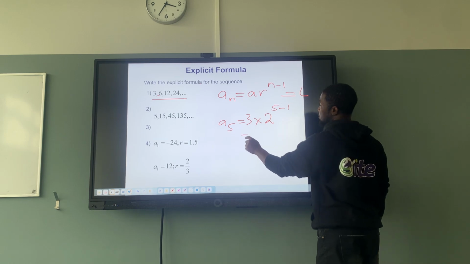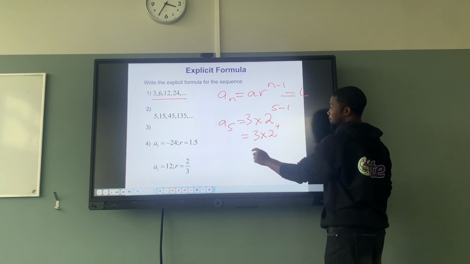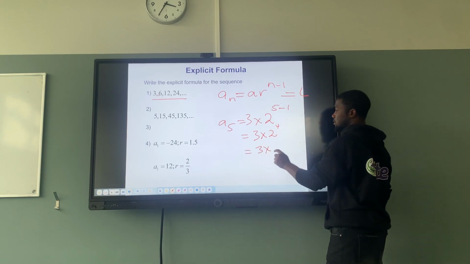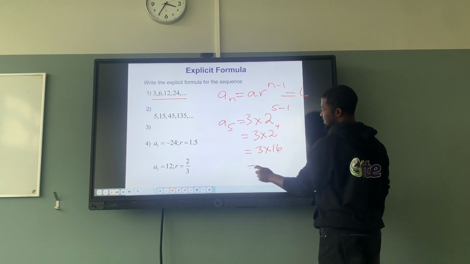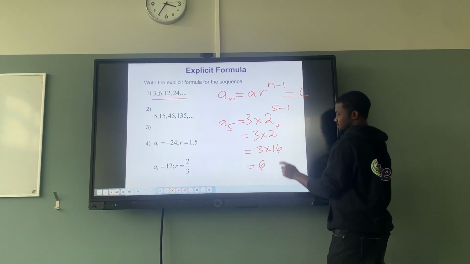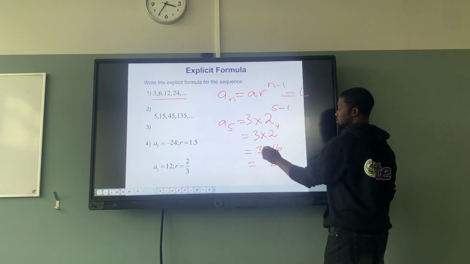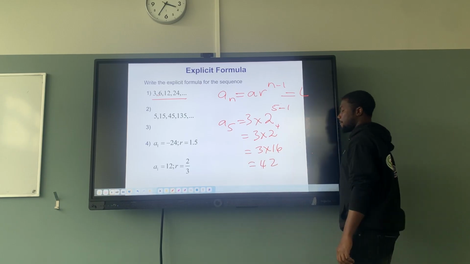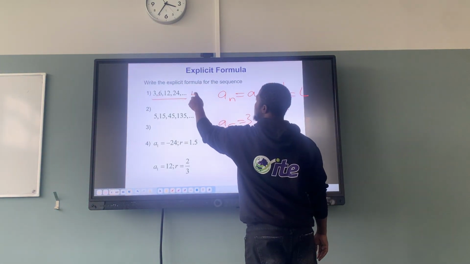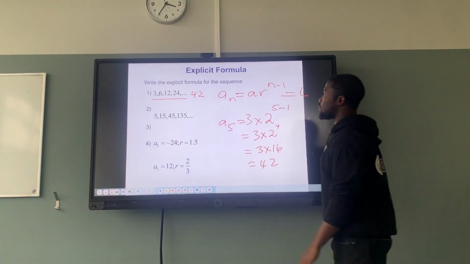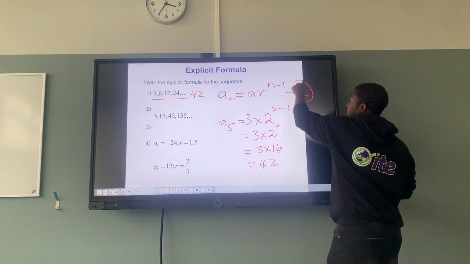So this is going to be 3 times 2 to the power 4. 2 to the power 4 is 16. 3 times 16 is 48. So in this case, the 5th term will be 48, and that is the last term in that sequence.